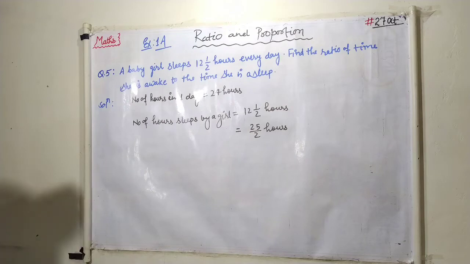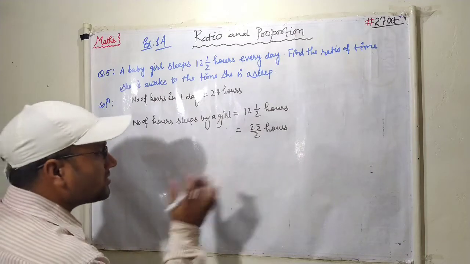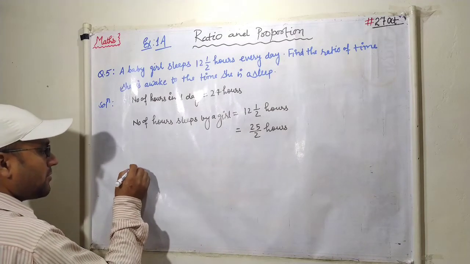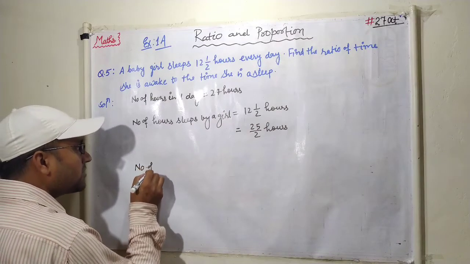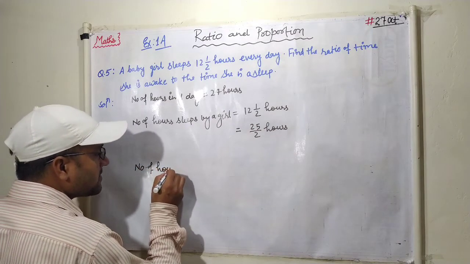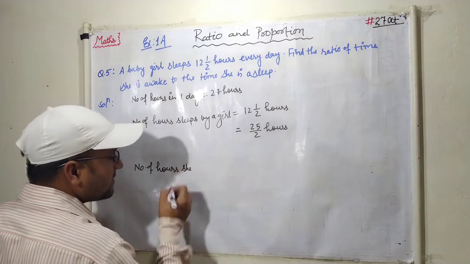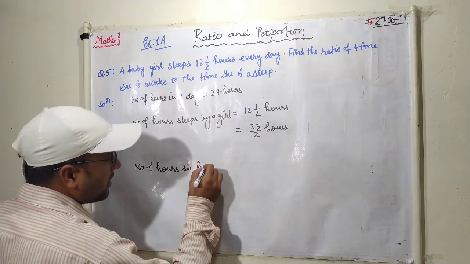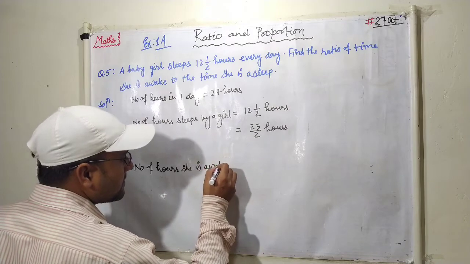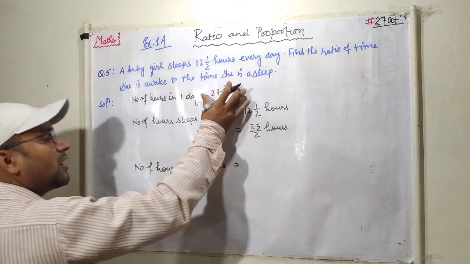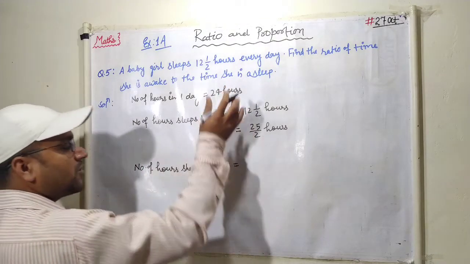Okay, so how many hours she will not sleep? Number of hours she is awake is equal to total hours 24.